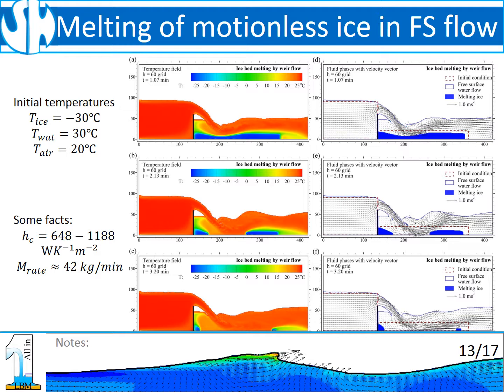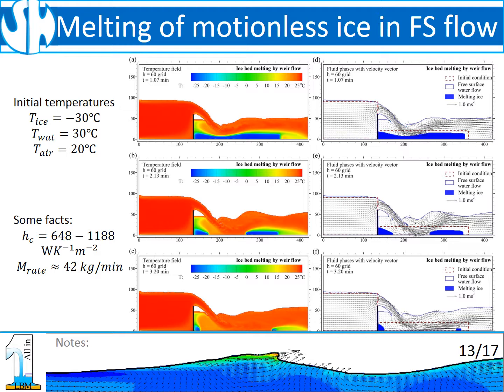Initial temperature for ice was minus 30, for water 30, and for air 20. Heat transport is shown clearly. On the right, blue is solid phase, ice and free surface, and the vector fields are shown.